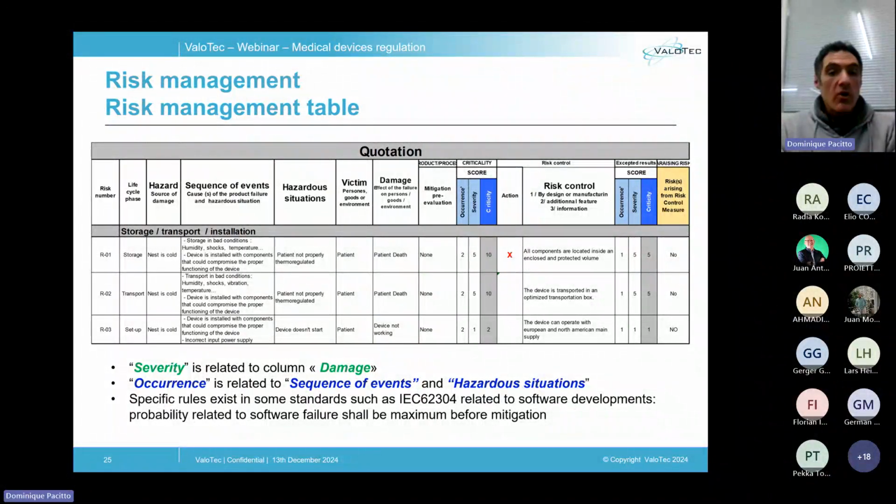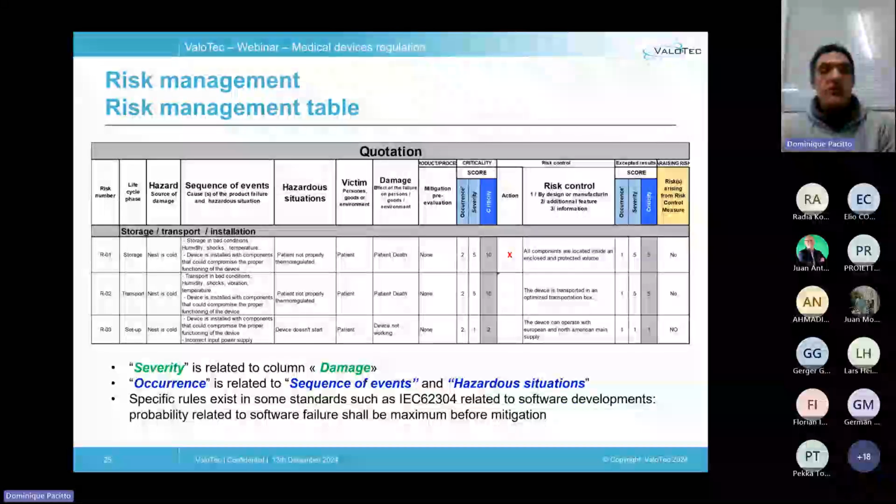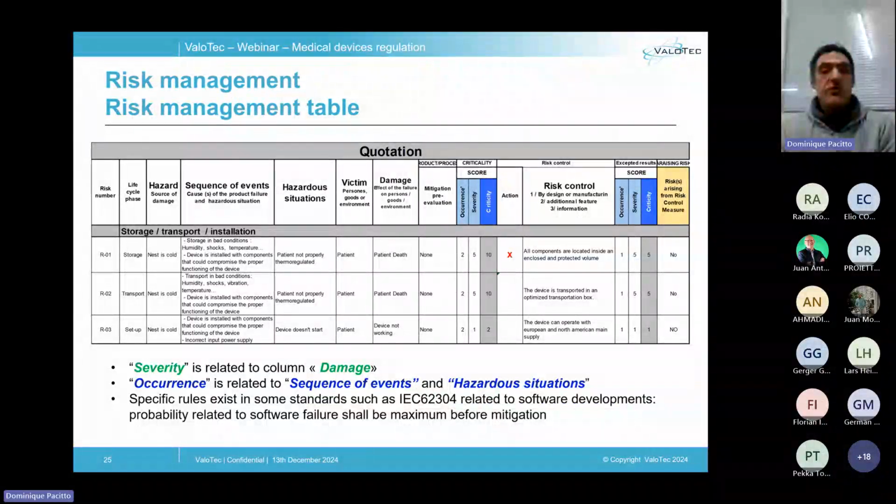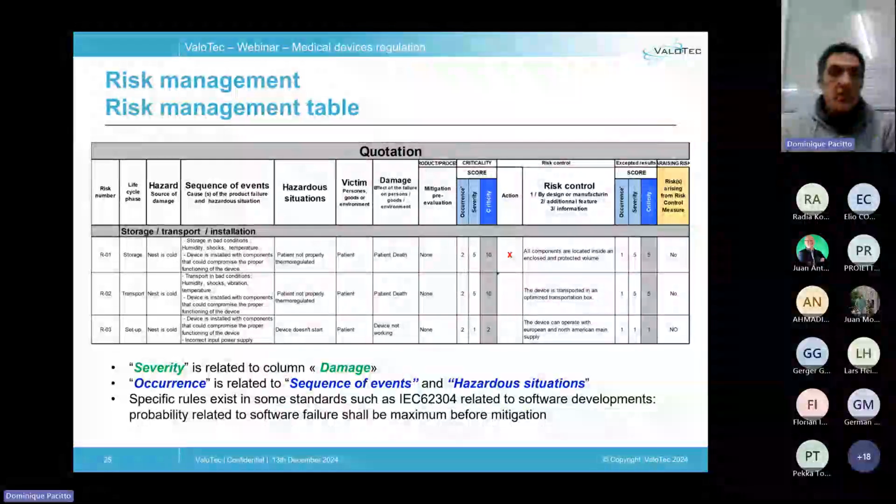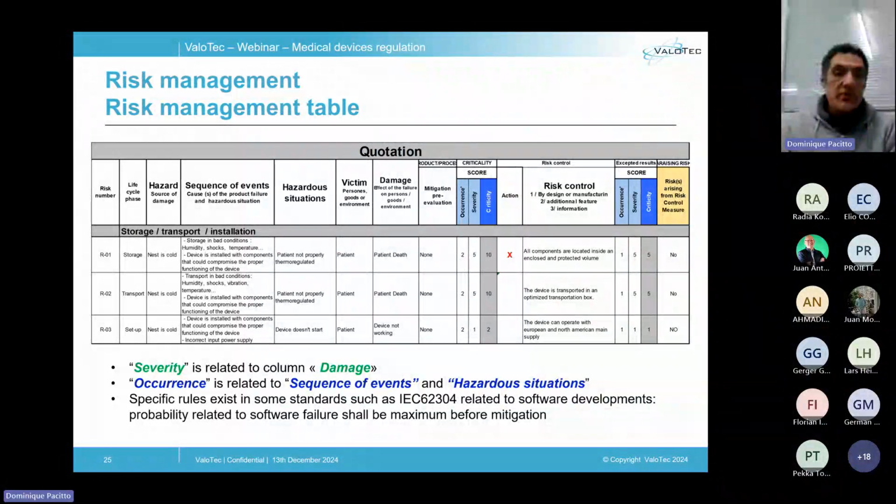The second column is the life cycle where the risk can occur. The third one describes the hazard. Then you have the sequence of events. The column 5 is related to the hazardous situation. Column 6 indicates the victims that should be considered. Column 7 gives the damage for the victim.